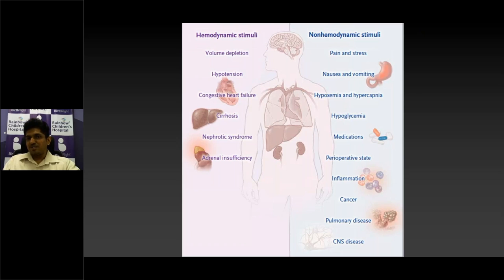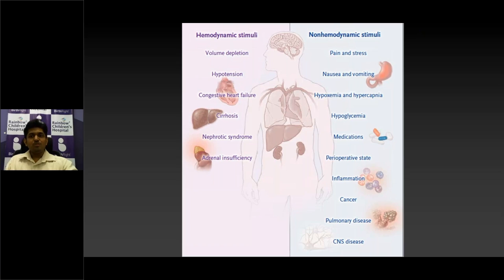Even in non-hemodynamic stimuli, like simple conditions like post-pain and stress, which commonly happens in post-operative patients, nausea, vomiting, respiratory disorders like hypoxemia, hypercapnia, hypoglycemia, many medications including opioids, anti-epileptics, antipsychotics, perioperative state, inflammation, cancer, all these conditions are non-hemodynamic stimuli for secretion of AVP.